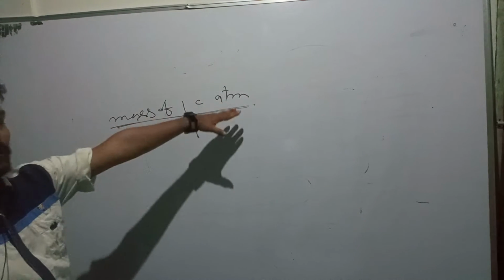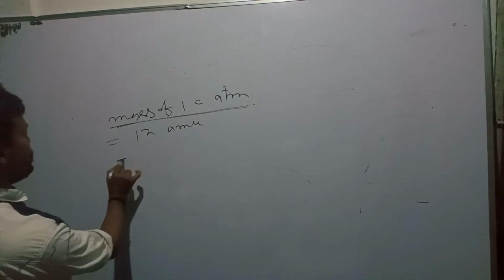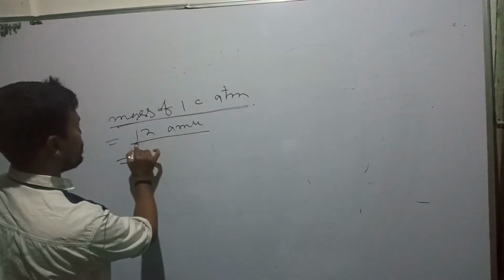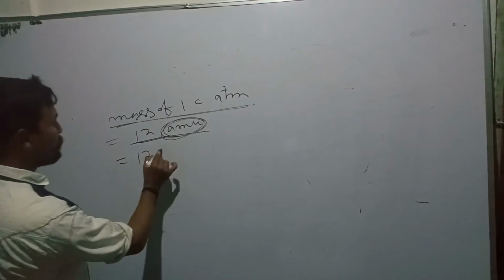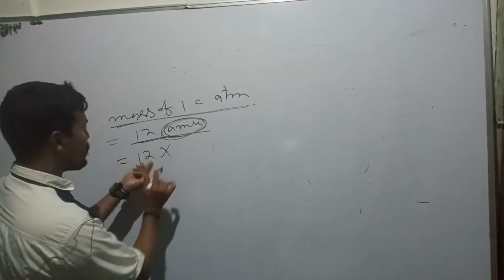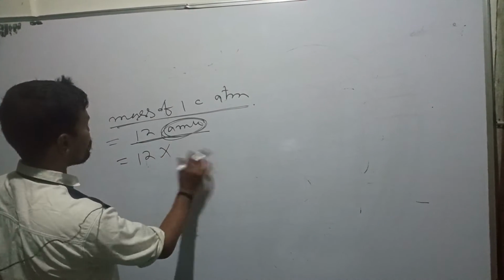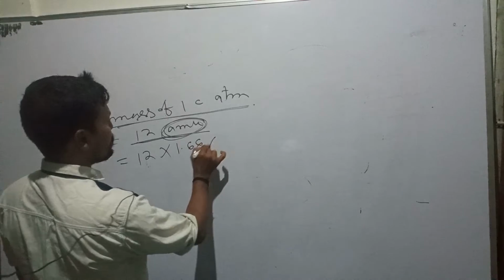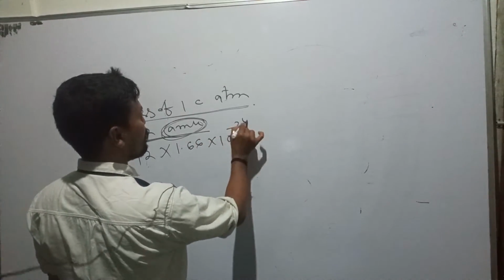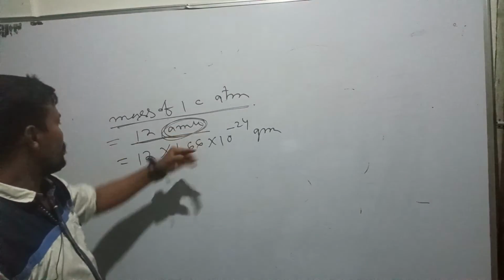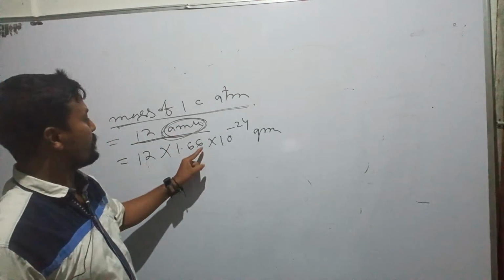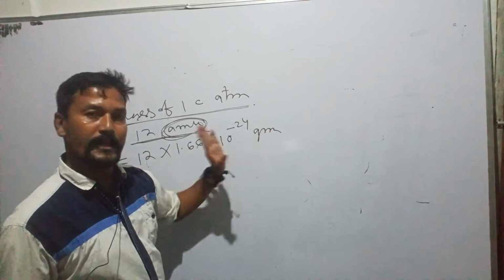Mass of one carbon atom is 12 AMU. Here, if we convert this unit AMU into gram, then we have to multiply this quantity by 1.66 into 10 to the power minus 24 gram. Here 12 AMU means 12 into 1.66 into 10 to the power minus 24 gram.